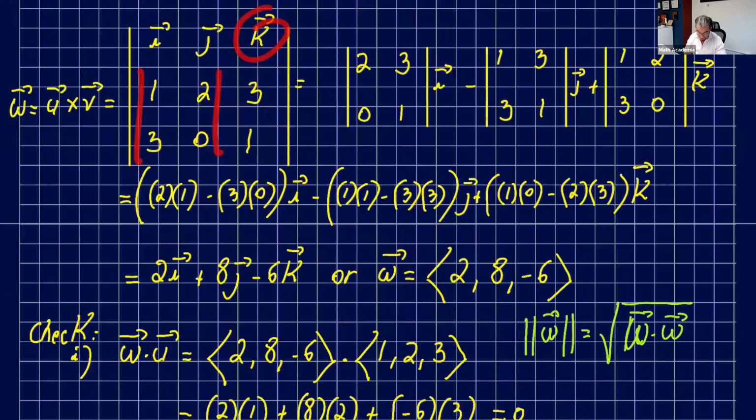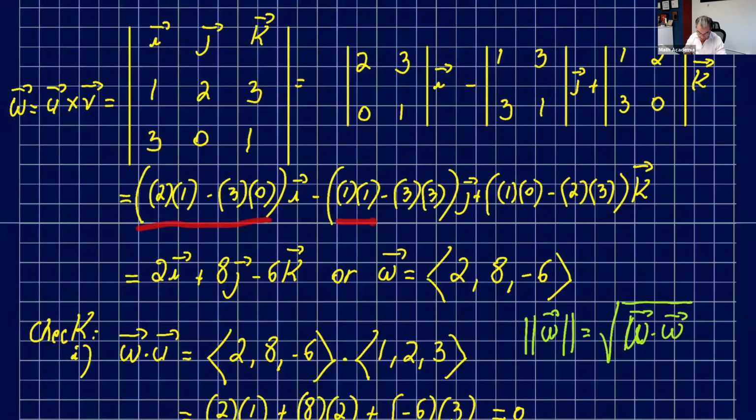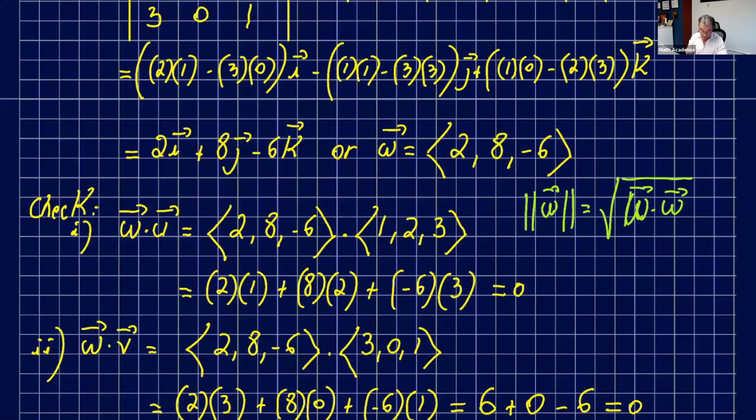If you do that, you're going to get 2i plus 8j minus 6k, or you can write w with the components 2, 8, and -6. Just to check if your answer is right, you can do w dot u, with numbers it is much faster. So that's (2, 8, -6) dot (1, 2, 3).